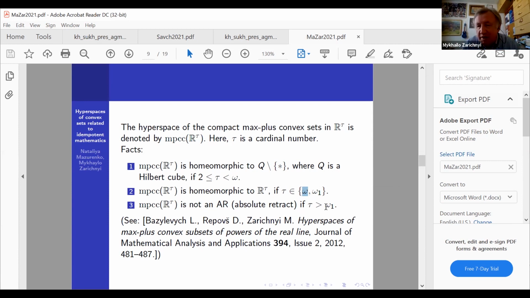Well, why such a picture? Because we should apply the technique of inverse spectra, which was developed by Evgeny Shchepin.